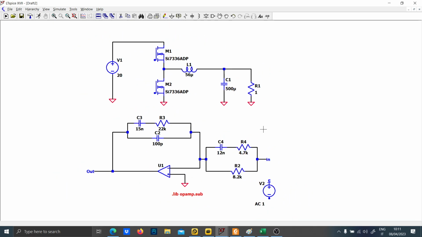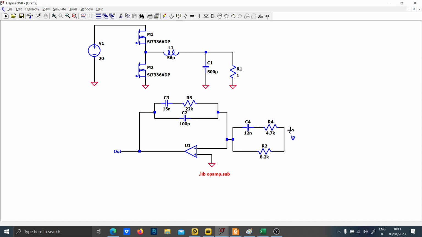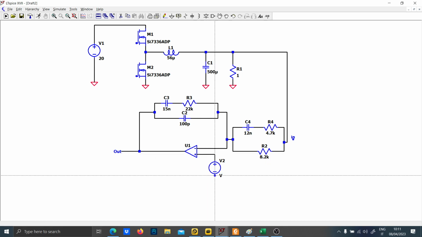Just have this. Let's connect the output here to the impedance Z1, and let's connect the plus with the reference voltage. Let's make it 5 volts. Something is wrong. Okay, now it is correct.